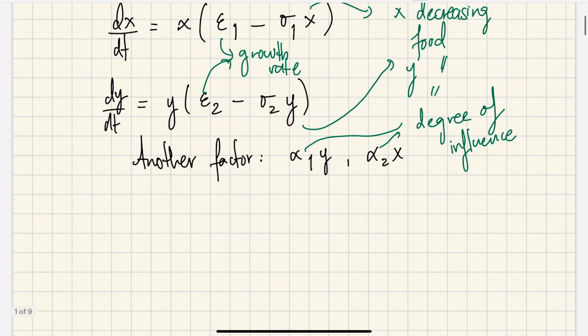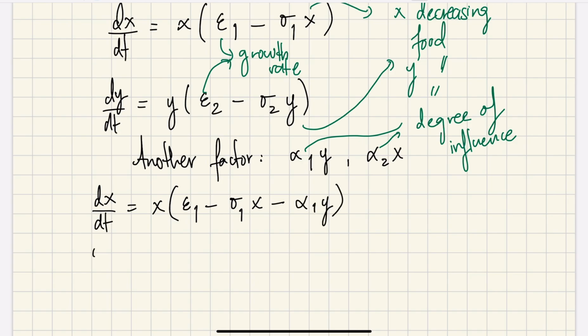So if we add these terms to our above equations, they become dx/dt = x(epsilon 1 - sigma 1 x - alpha 1 y), and dy/dt = y(epsilon 2 - sigma 2 y - alpha 2 x).